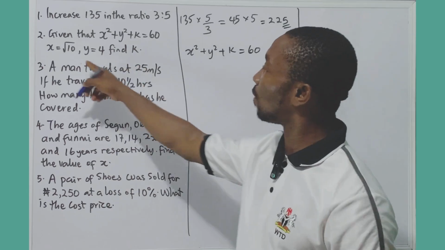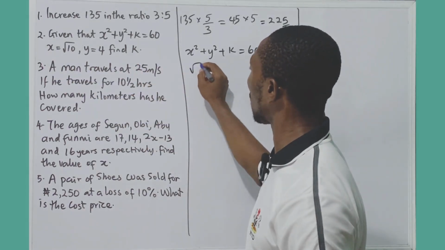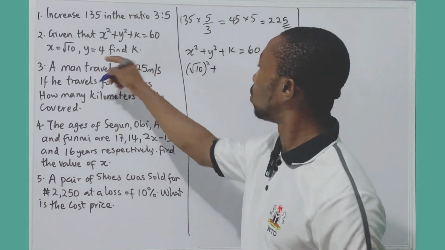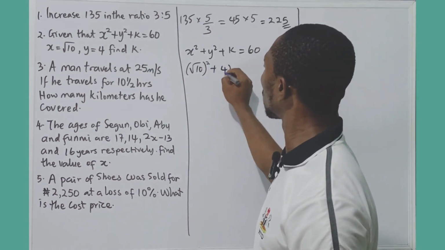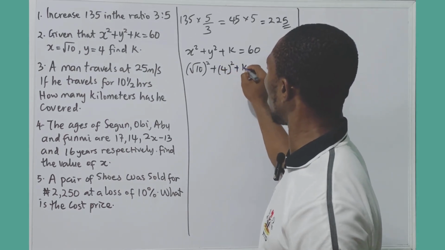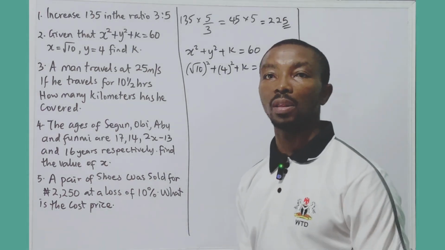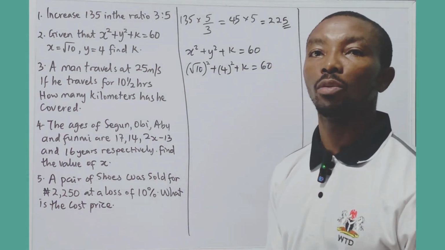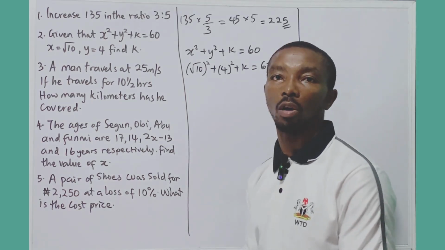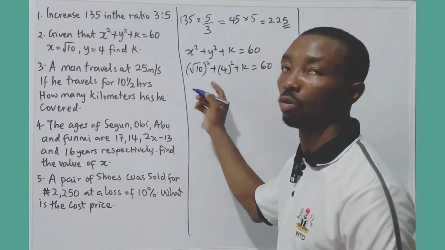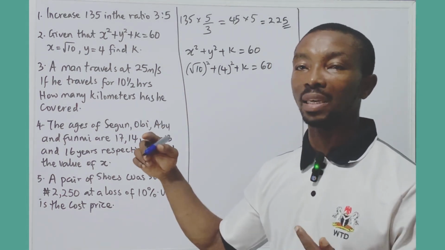Okay, now value of x is root 10, so that gives us root 10 squared plus 4 squared plus k equals 60. Now, root 10 squared is like saying root 10 times root 10, alright? And root 10 times root 10 will give us 10.